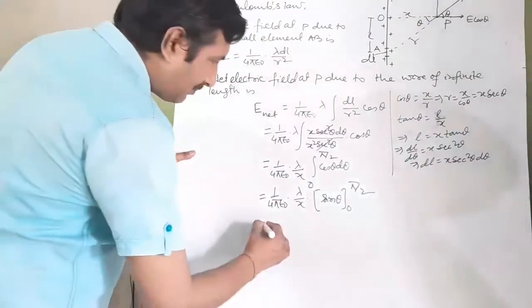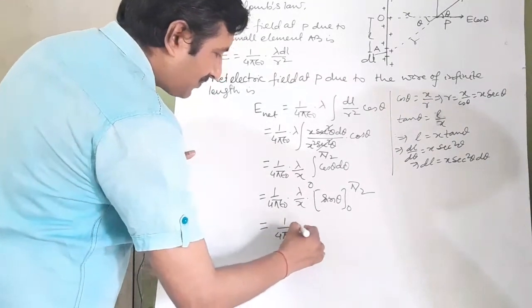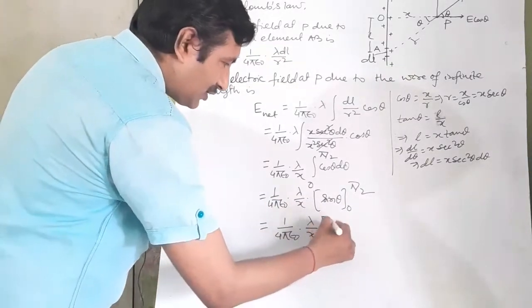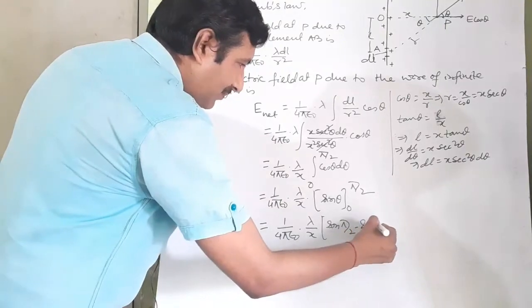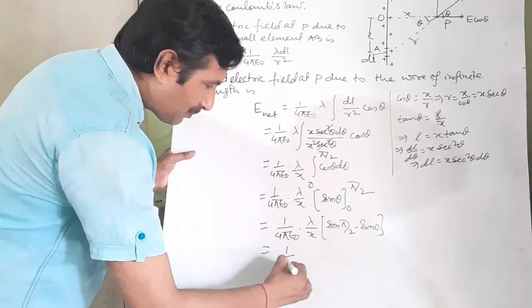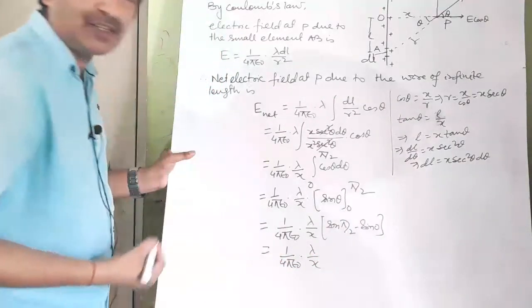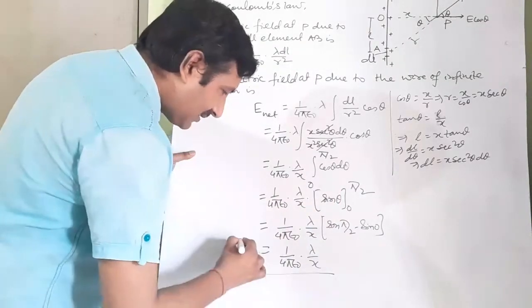So this will become 1 by 4 pi epsilon naught lambda by x, sin pi by 2 minus sin 0. It will be equal to 1 by 4 pi epsilon naught lambda by x. Sin pi by 2 is 1 and sin 0 is 0. So this is the electric field.